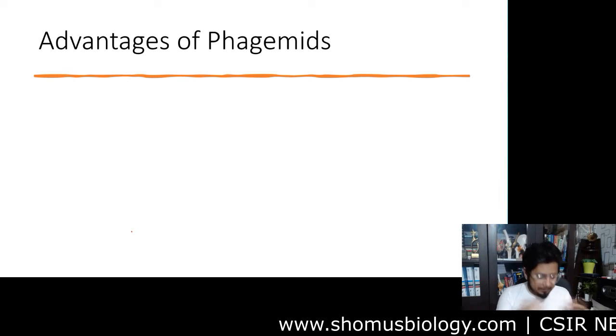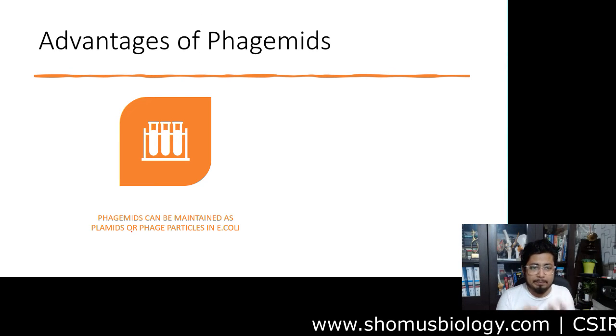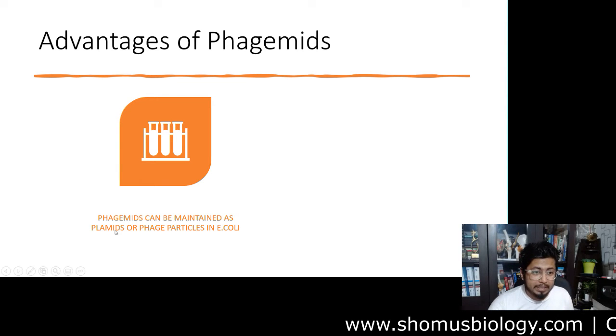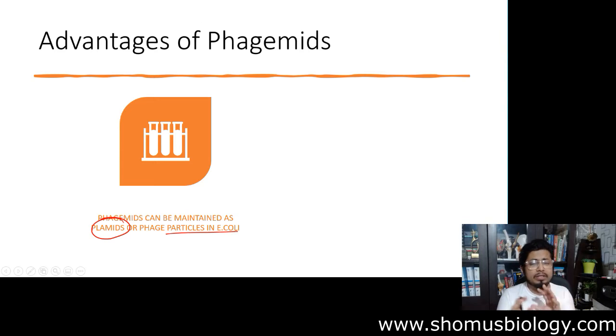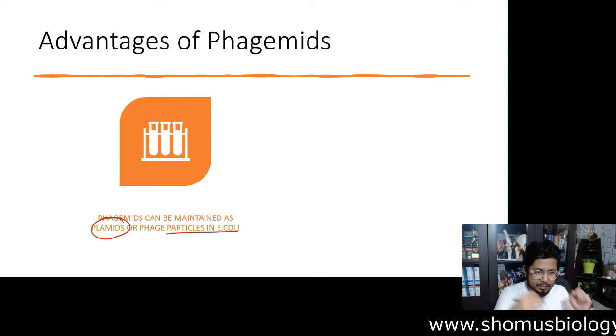The last thing are the advantages and disadvantages. See, there are two big advantages: the Phagemids can be maintained as plasmid or phage particles in E. coli. So either we can maintain it as a plasmid or as phage particles. So it can behave like both in required scenarios. Whether we require plasmid, we can keep it as plasmid. If we require phage, we can keep it as phage.